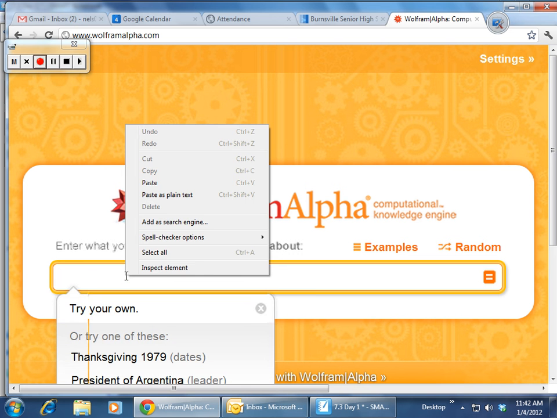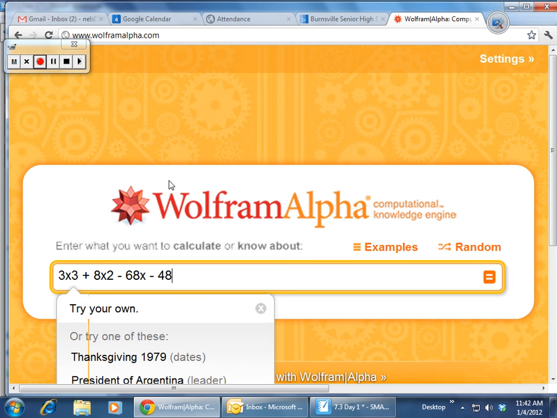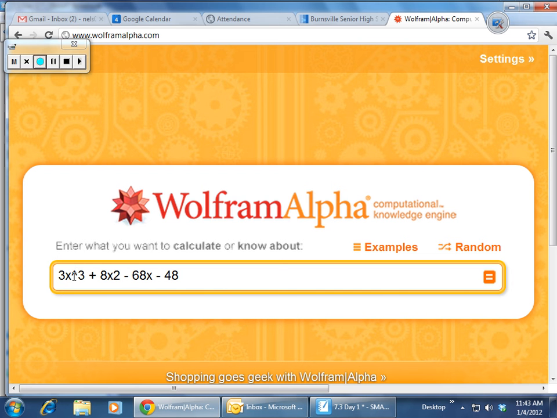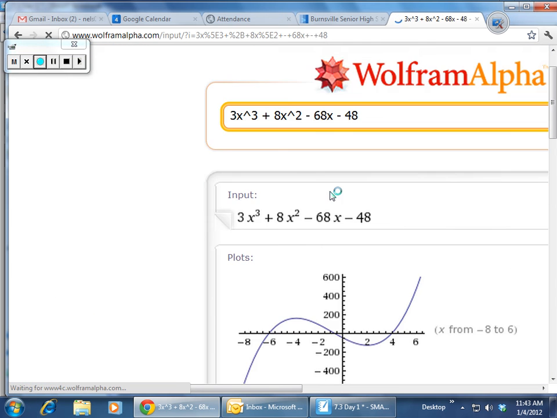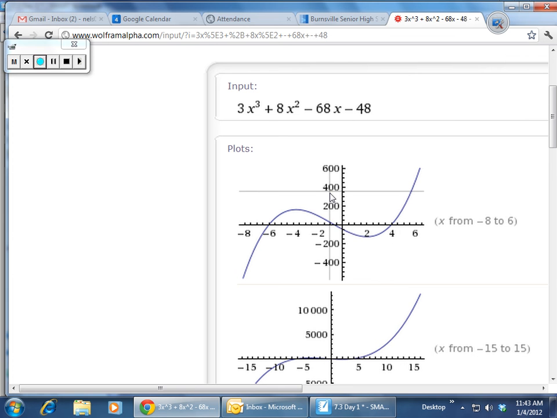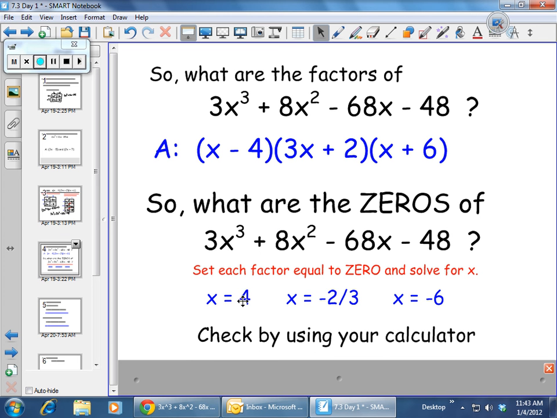Uh-oh. There we go. And I need to make this an exponent. And make this an exponent. And so if I look at the graph, it's supposed to cross at, let's go back to our notes here, at negative 6, 4, negative 2/3.